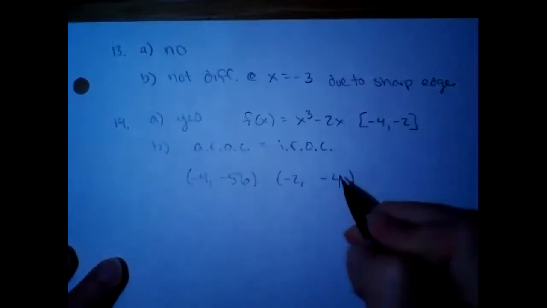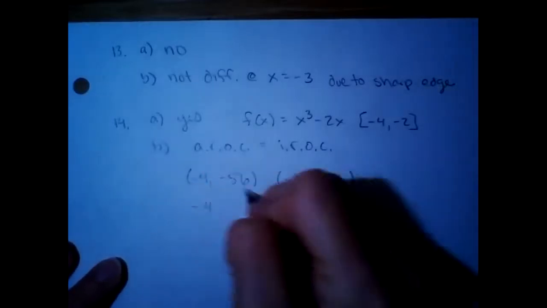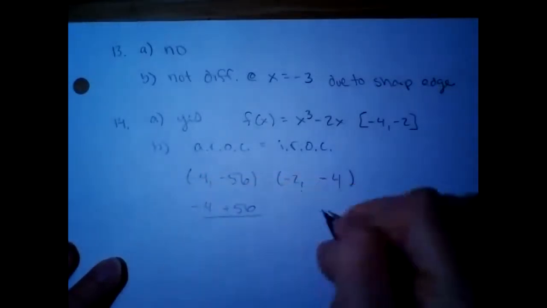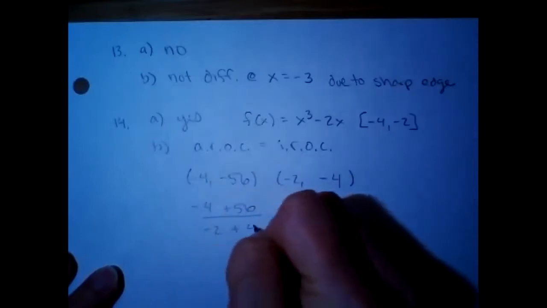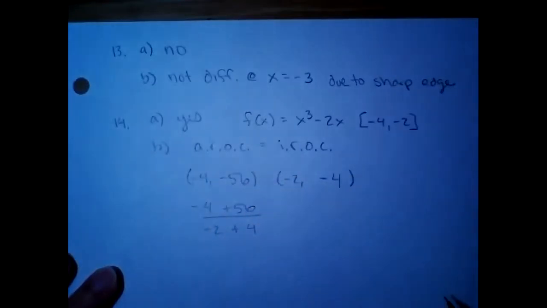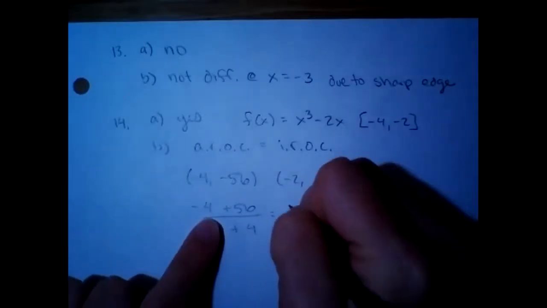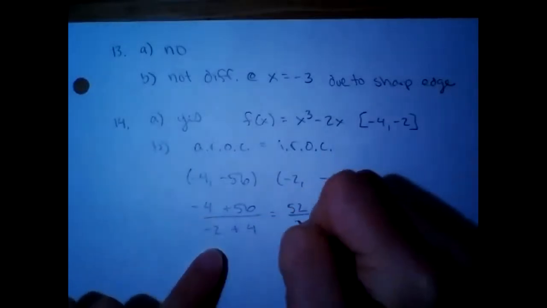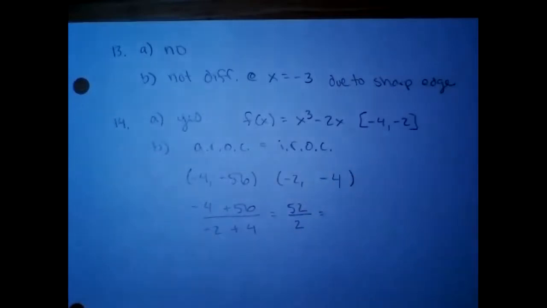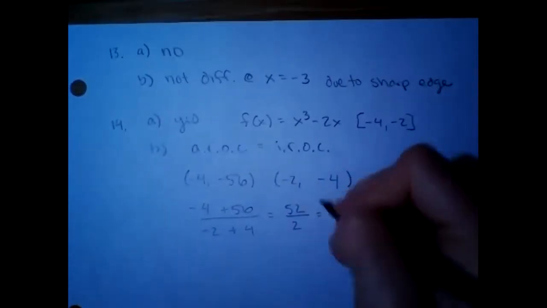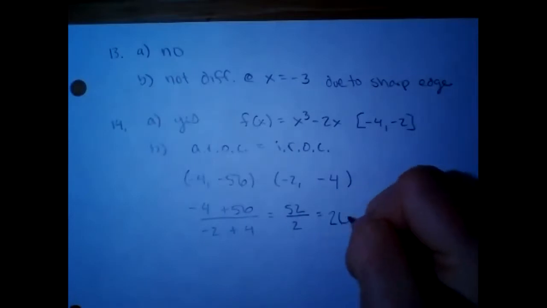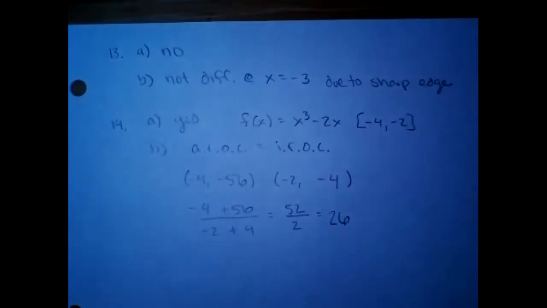All right, and so our slope, -4 plus 56 over -2 plus 4. A ton of negative signs there, so just be careful. So this would be 52 over 2, which, oh gosh, what is that going to be? 26. So our slope is 26. So you get your 2 points, do slope formula, get your slope.